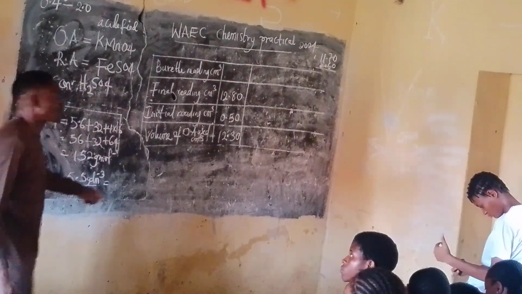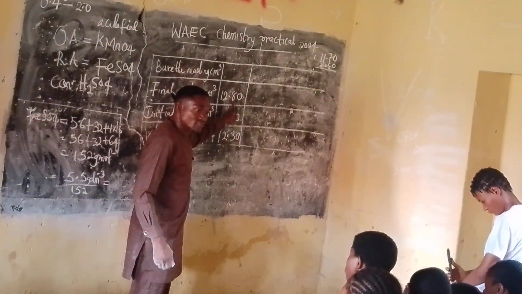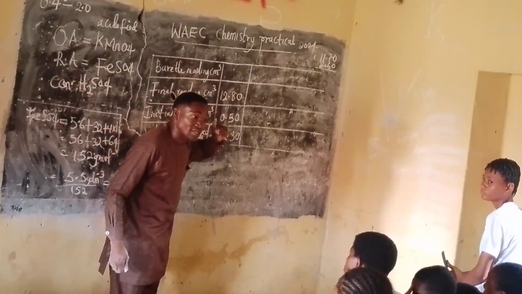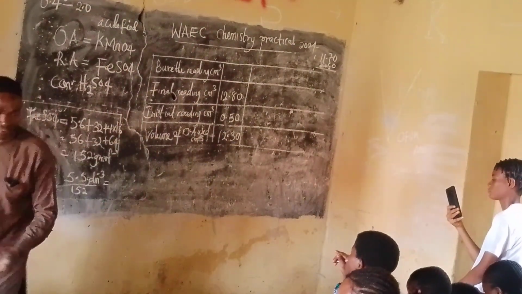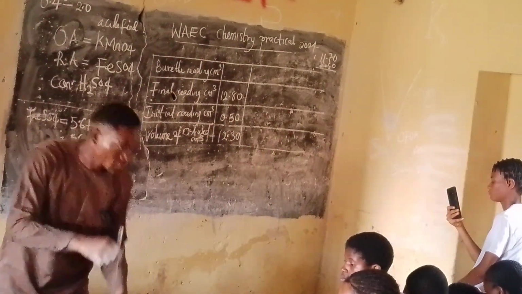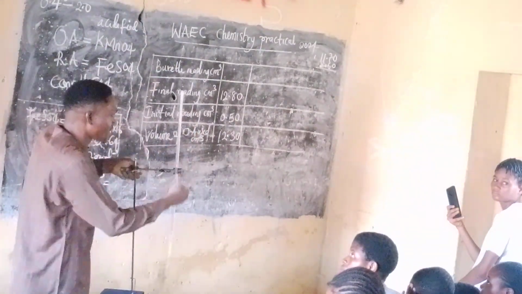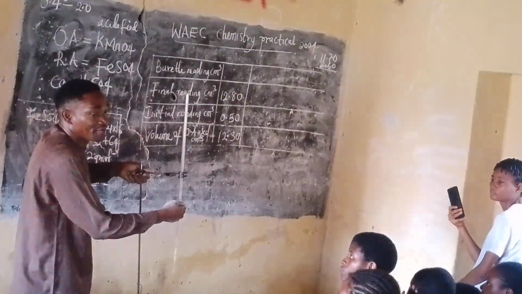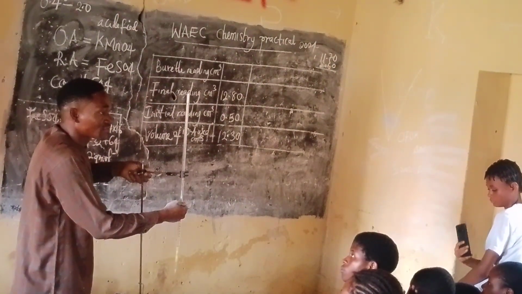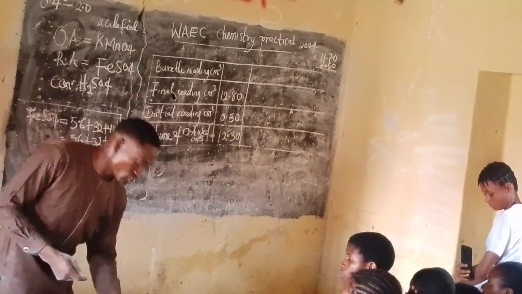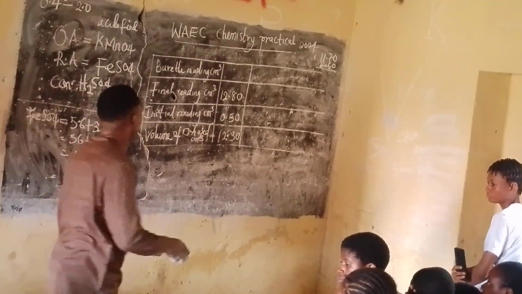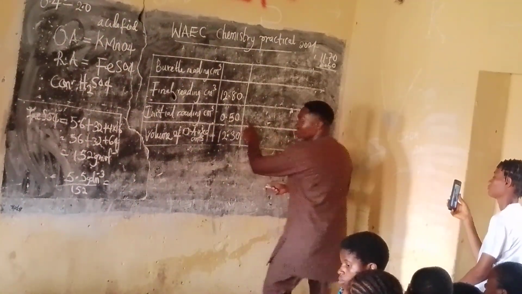But do you know why I can start from this 12.8? Because this burette capacity is 50. So if I add another 11 point something, I will still not get to more than a half. Are you with me? Yes. So let me use this one as my next initial reading.